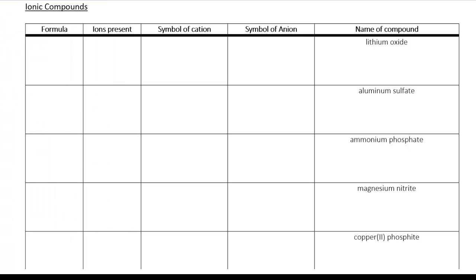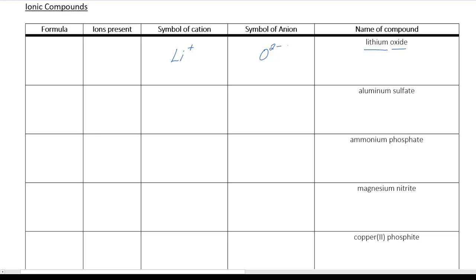In this next part, we'll be writing the formulas of compounds based on a given name. For the first compound, we see that it is composed of lithium, which has a +1 charge based on its location in the periodic table, and oxide. So again, oxygen is going to have a -2 charge based on its location.